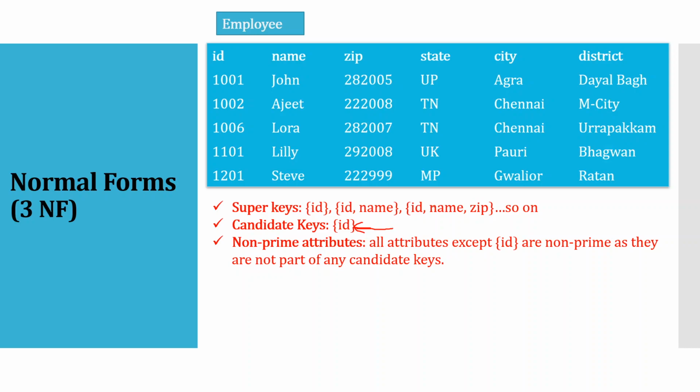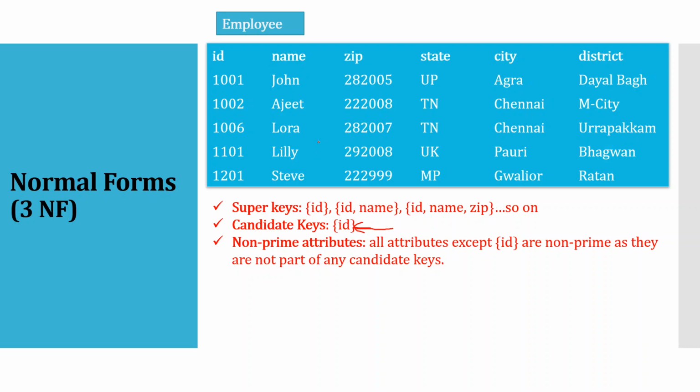So this table is already in 1NF, one data per column, and it is also in 2NF because there is only one candidate key. Not a set of candidate keys, but only one single candidate key. Is this clear till here, everyone?